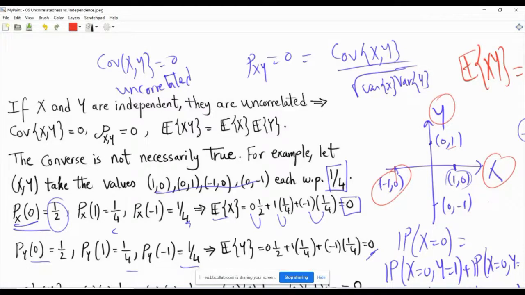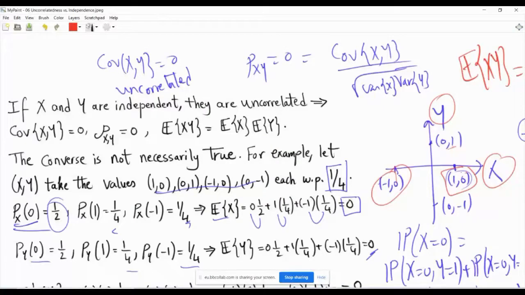Again, if I tell you that x is positive, and we have x and y with this distribution, then no way y is positive; y is 0. That's it. This cannot happen if we have independence.